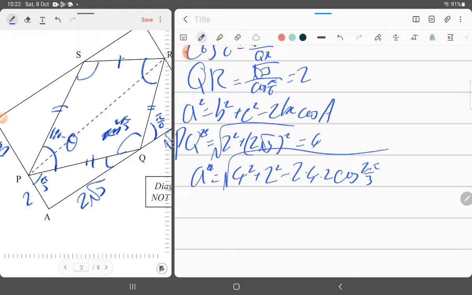Let's just square root that. 4 squared plus 2 squared, plus 2 times 4 times 2 cosine 2 pi over 3, which is equal to, oh no, I did put a divide, which is equal to 2 square root of 7, I believe.